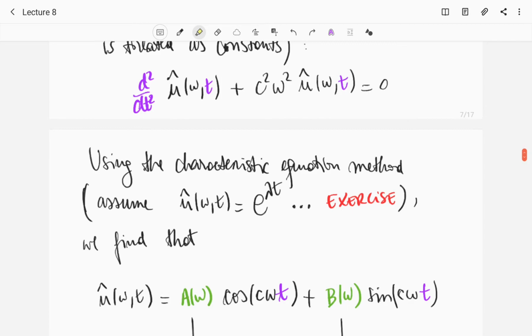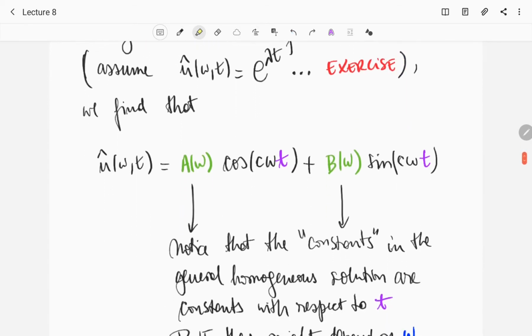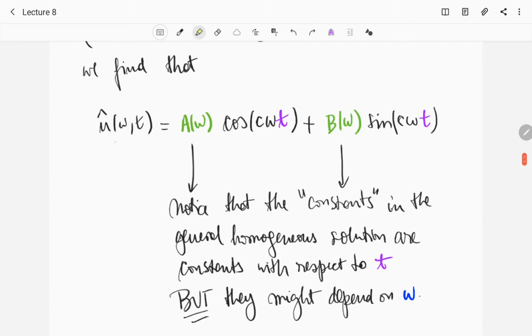Okay, so using the characteristic equation method, we can assume that this function has this shape, exponential to the power lambda t, and then as we already know, I leave this as an exercise, you can find that the solution of this equation has this general form, where these are in principle what we used to call C1, C2 in R, the constants of the general solution of the homogeneous ODE.